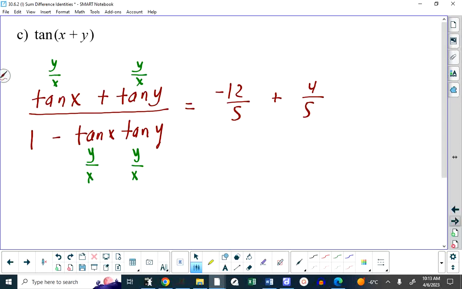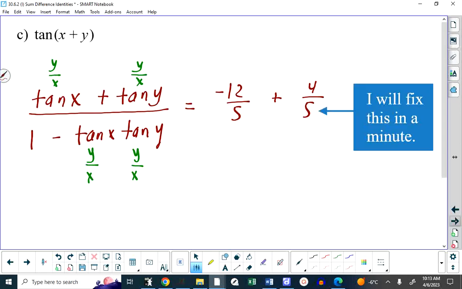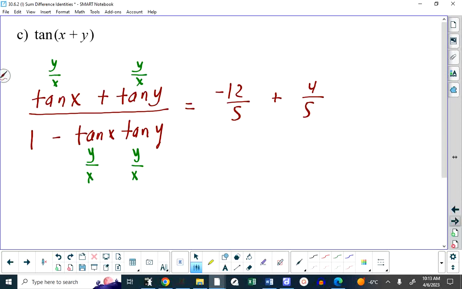So we look at angle x, and we take the y over the x for angle x, negative 12 over 13. I'm pretty sure that's right. For the y over x for angle y, we take negative 4 over negative 3, which is 4 over 3.